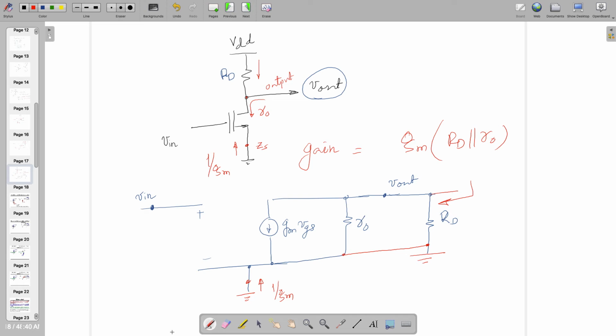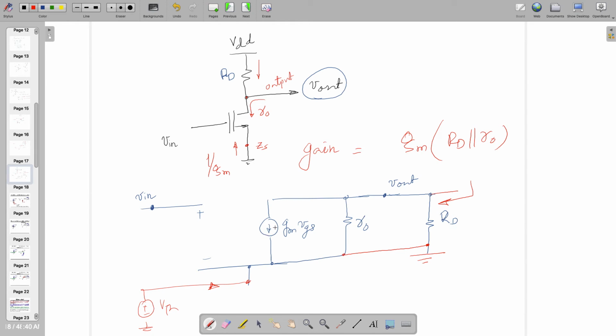But notably, when we are looking into these impedances, it's in the opposite direction of the drain current. Look at this. It's an opposite direction of the drain current flowing through this one. So if I'm applying the Thevenin here, and if I found the equivalent Thevenin resistance inside this one, actually I am applying current in this direction.